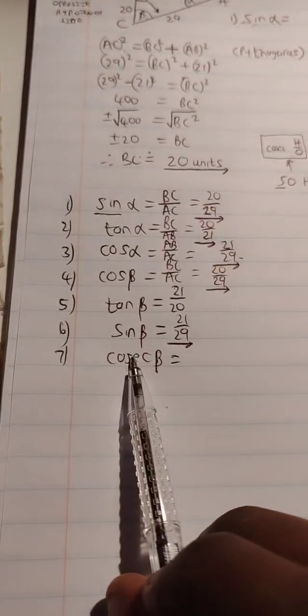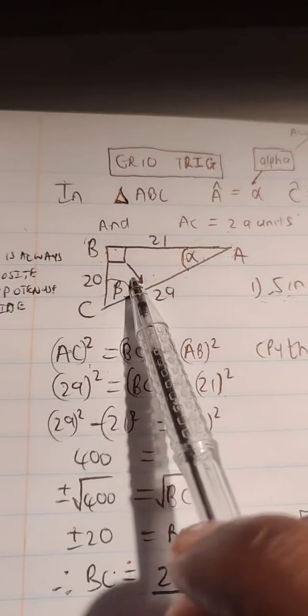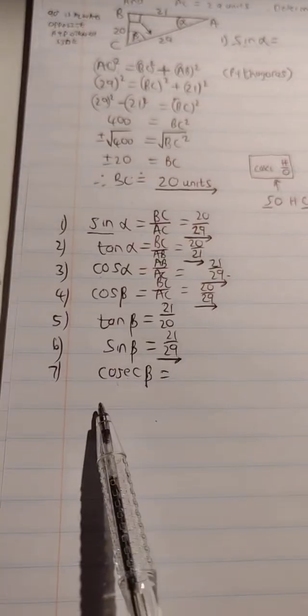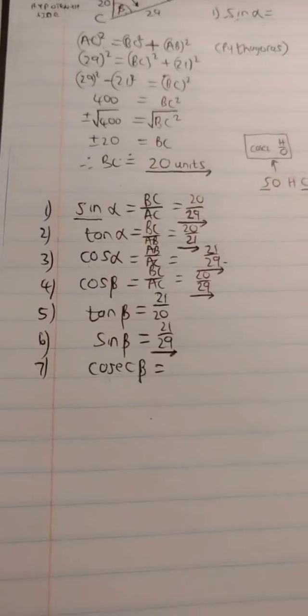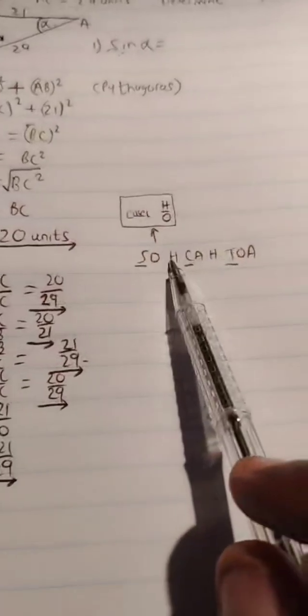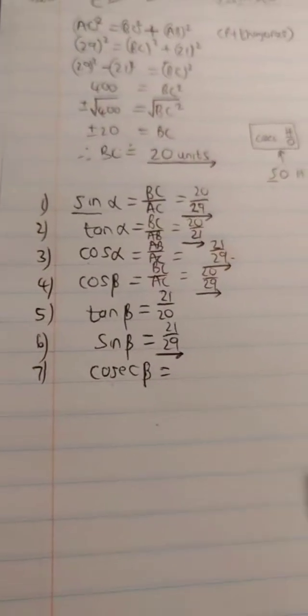So once again, we ask ourselves, where is angle beta? So we go to the triangle, we locate angle beta. Here it is. Then we ask ourselves, what is the definition of cosec? We know that cosec is the inverse of sine. So if sine is opposite over hypotenuse, then cosec is hypotenuse over opposite.